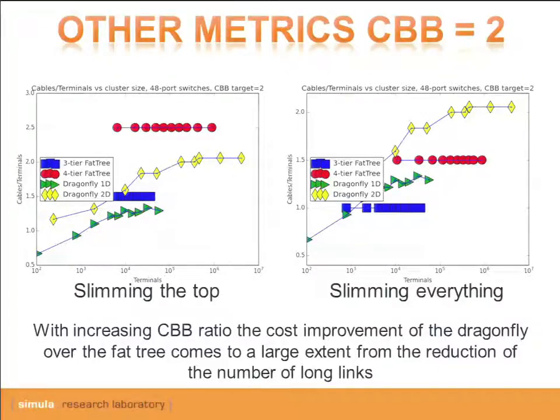And it also shows why the CBB ratio of the group itself is important in such a study. Otherwise, you can just bring it all the way down without affecting the ratio at all.